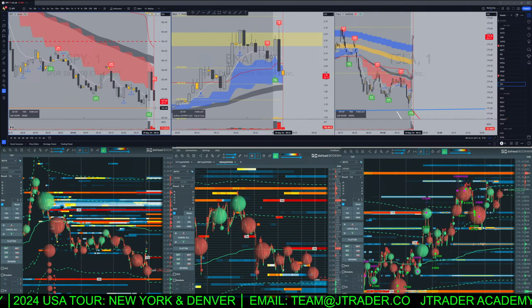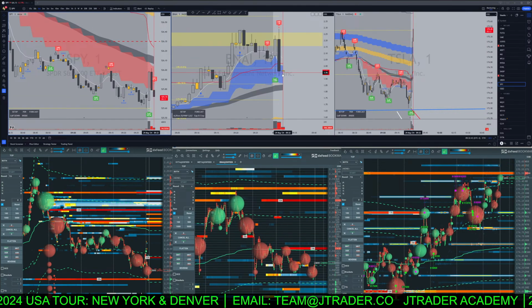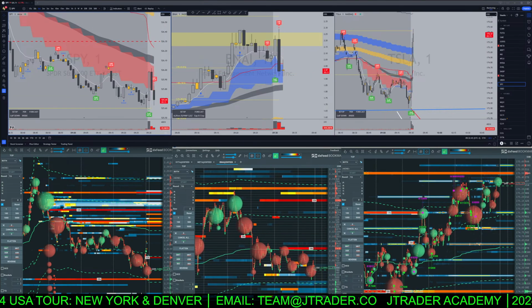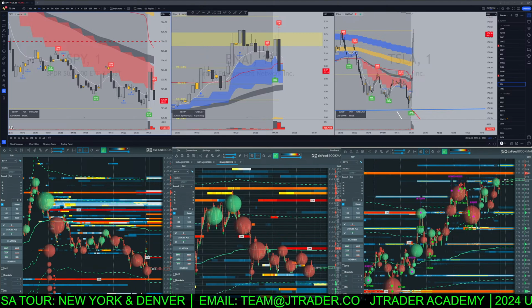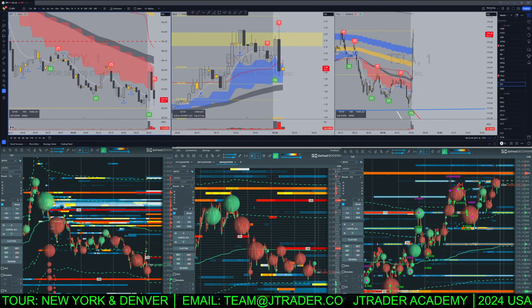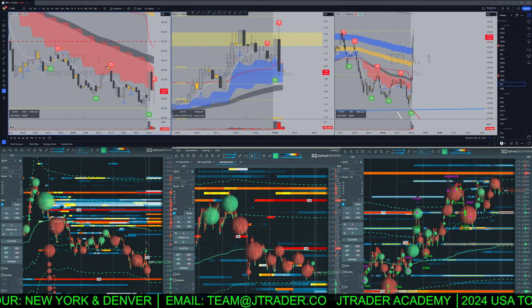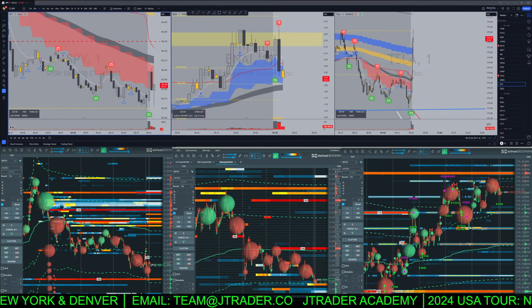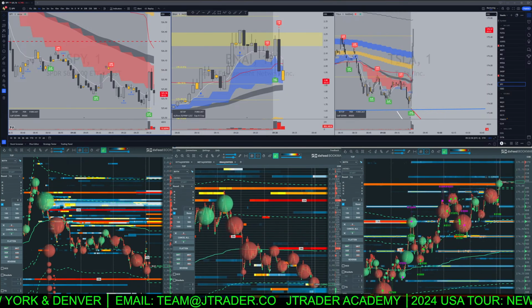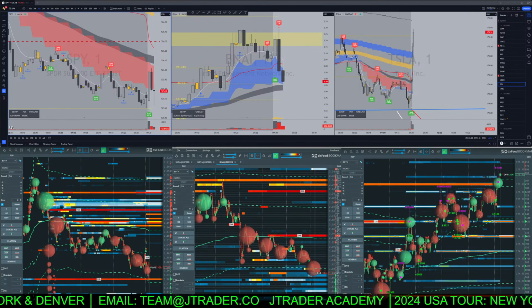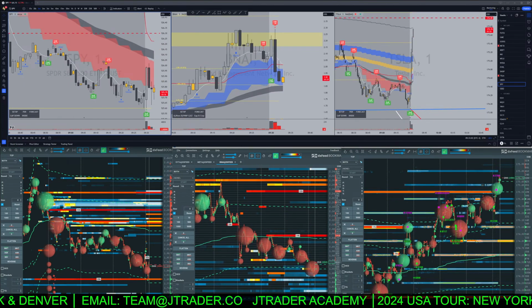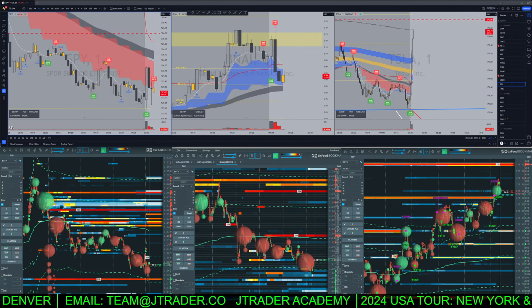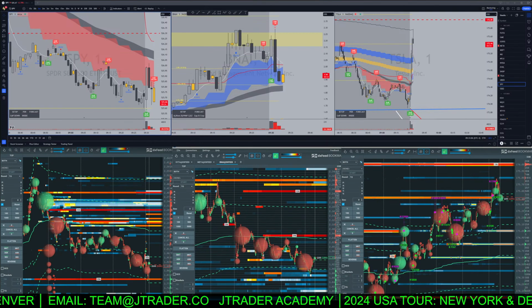Let's see if we can break the low of the day. Binai coming. $193. Okay, Binai good. Perfect. So Binai covered half at 190, 189.